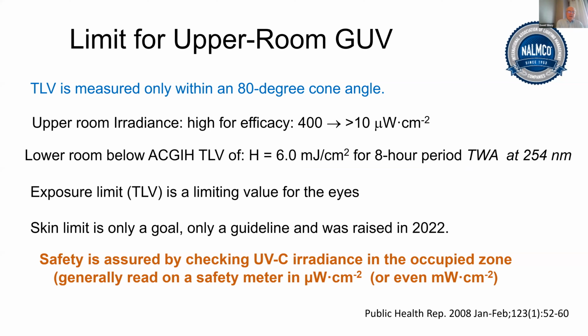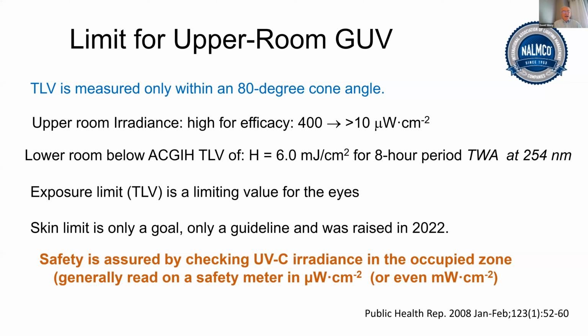And some manufacturers of safety meters give you a little accessory that limits the exposure to 80 degrees. If you don't have that cone angle, you can build something out of a cardboard tube, or simply be overly conservative and don't put the cone angle on there.